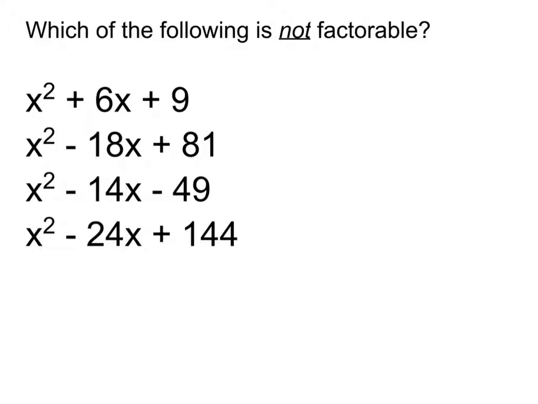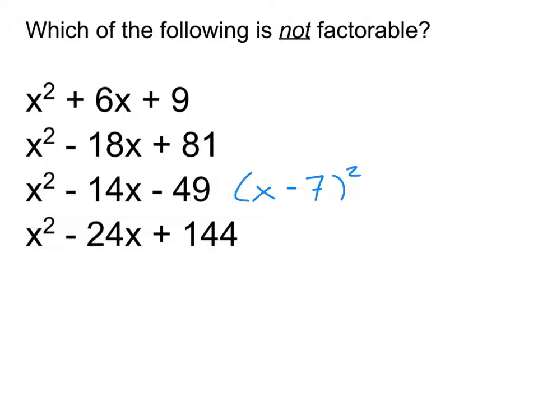So as we take a look at these 4, again the question is which one's not factorable? The most common answer I saw held up there was 3. So let's check the third one and see if that one's factorable. All right, so we start by testing it out, set it up, and we're going to see if it works here. So what's negative 14 divided by 2? Negative 7. Okay.